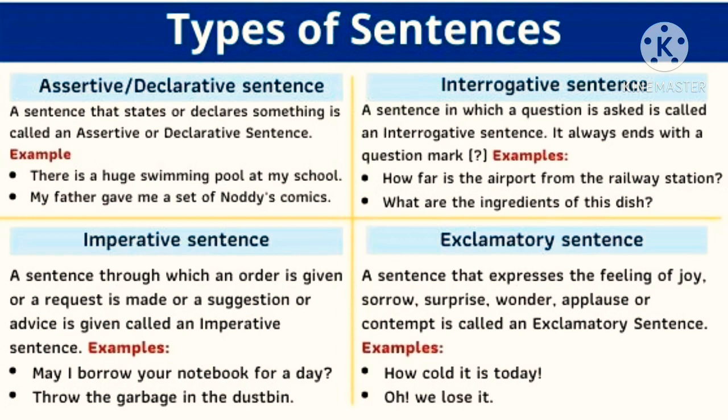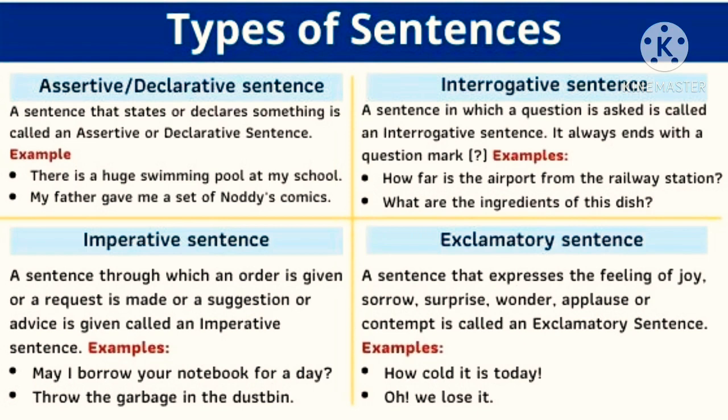Now the last type of the sentence is exclamatory sentences. What are they? A sentence that expresses the feeling of joy, sorrow, surprise, wonder, applause or contempt is called an exclamatory sentence. Basically, these sentences are used to express strong emotions.